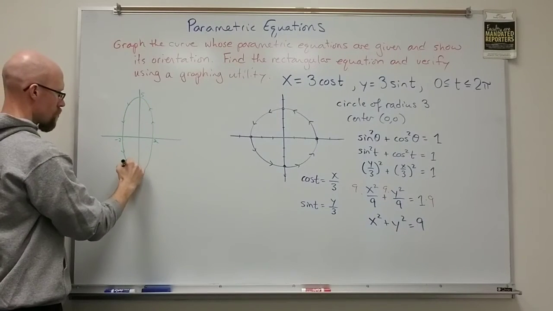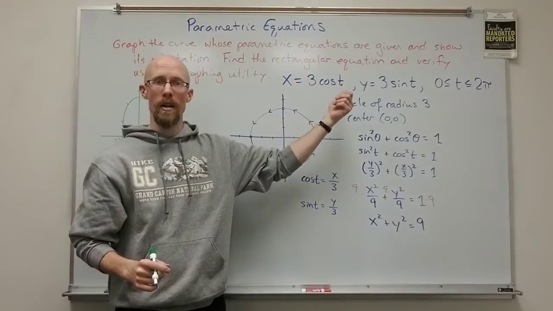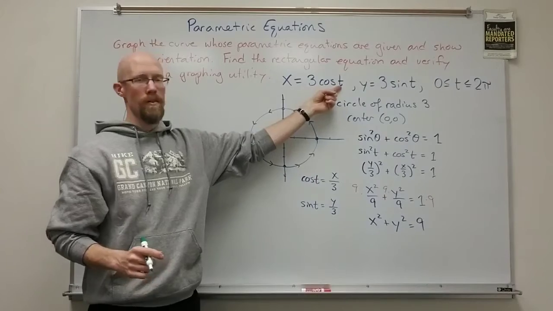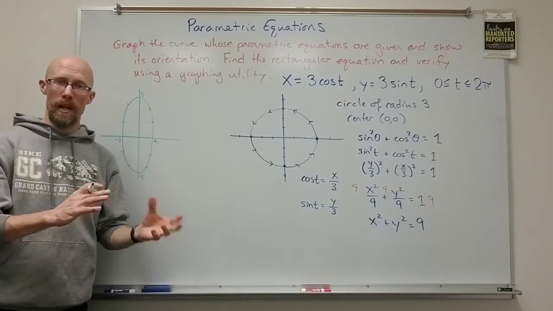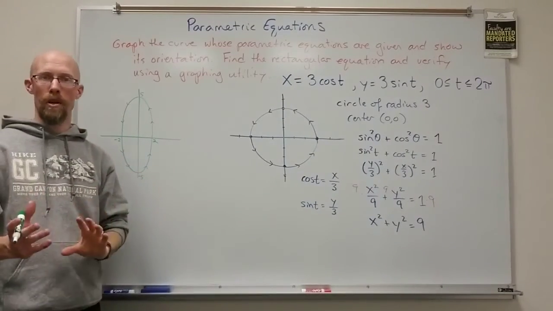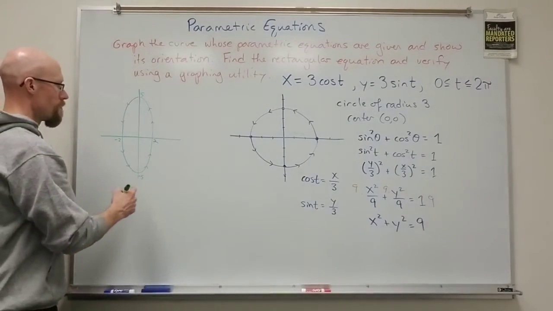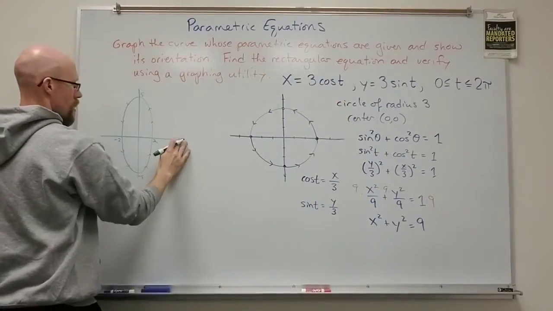If the orientation is wrong, I may have to do something weird like change the sign on the cosine or put a phase shift in the angle to make everything work out. But if I just want the graph and am not worried about the orientation, I just change the coefficients here.